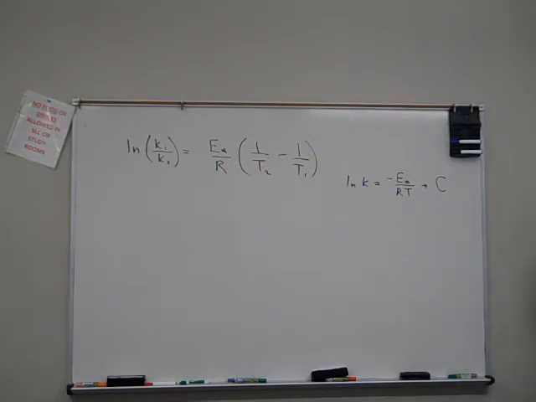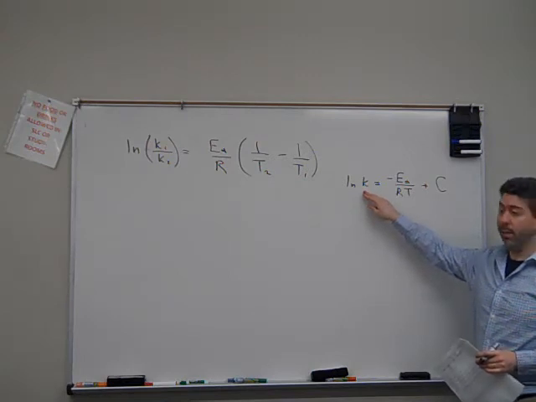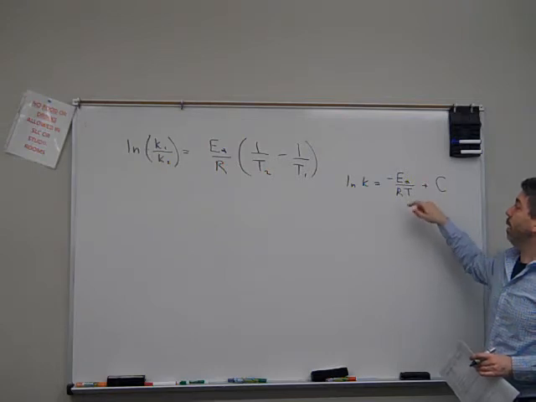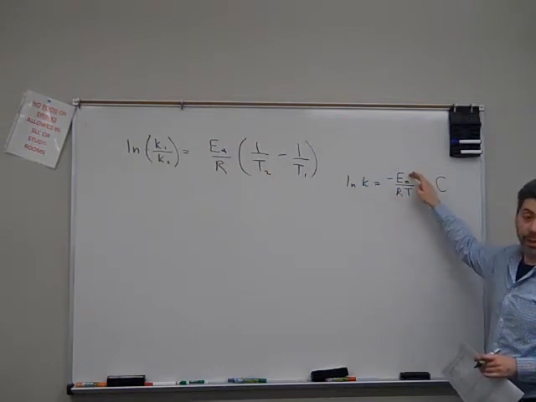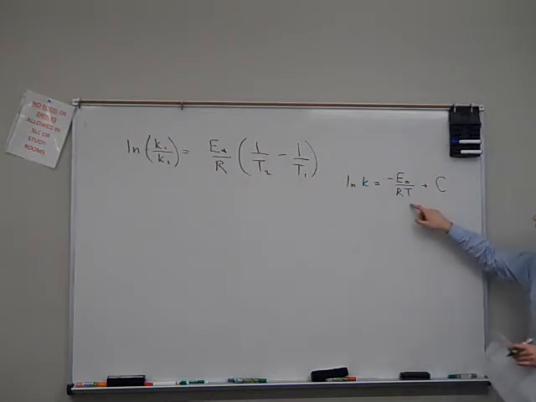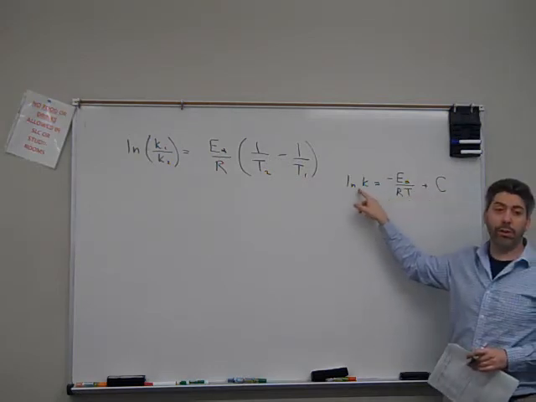And what this means is that the rate constant goes down considerably with a larger energy of activation, because since this is negative, that's going to make the rate constant a smaller fraction. However, if you increase the temperature, you minimize this energy of activation factor. So the higher the temperature is, the larger K is going to be.